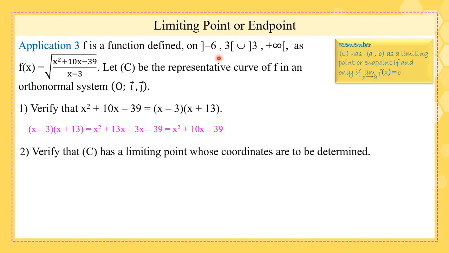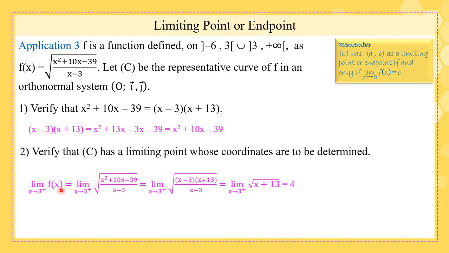Now remember, this is the domain of definition. So if we find the limit at 3 plus, this would be the limit of the square root of this quantity. Now if we use this relation that was verified before and we replace x squared plus 10x minus 39 by x minus 3 into x plus 13, we can simplify by x minus 3, and this becomes the limit of the square root of x plus 13, which is 4.